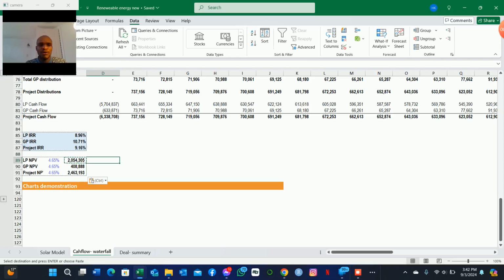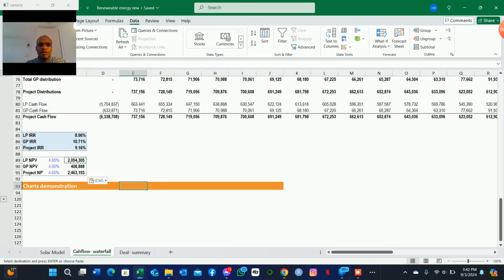So the value of those future cash flows is worth approximately $2 million today for the limited partners, and approximately $400,000 today for the GPs, and approximately $2.4 million for the entire project. So that's exactly what we are seeing here.